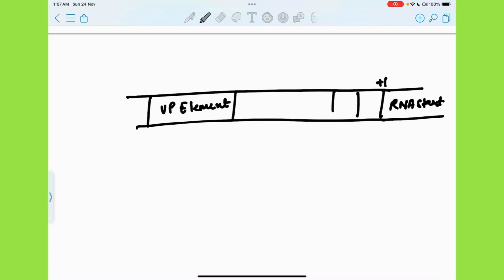At the -10 region we have the TATA box from where the transcription initiates.